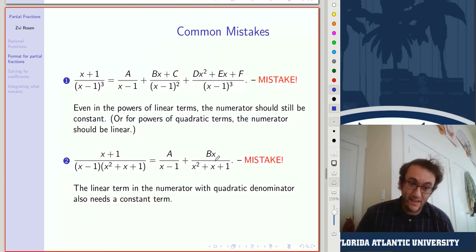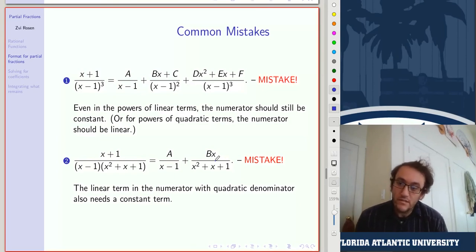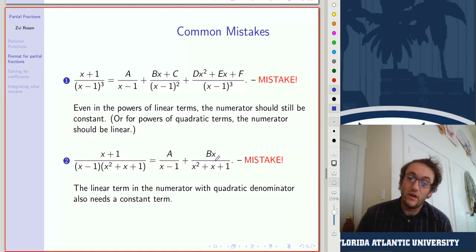Some common mistakes that I often see when people are attempting partial fractions problems is that they'll write something like in number 1 here. So this person took x plus 1 divided by x minus 1 cubed, and they set that equal to A over x minus 1 plus Bx plus C divided by x minus 1 squared plus Dx squared plus Ex plus F divided by x minus 1 cubed.